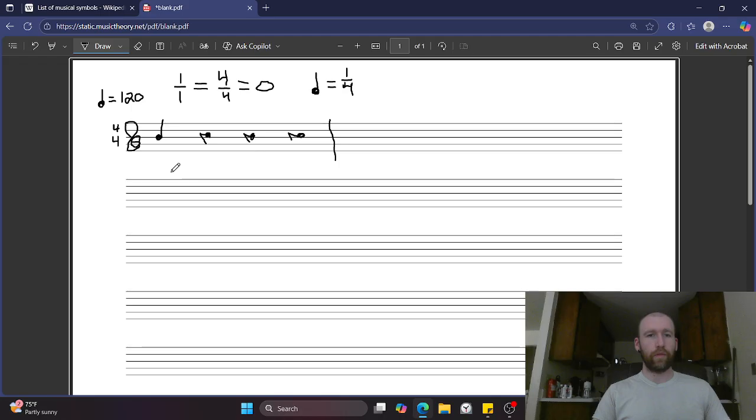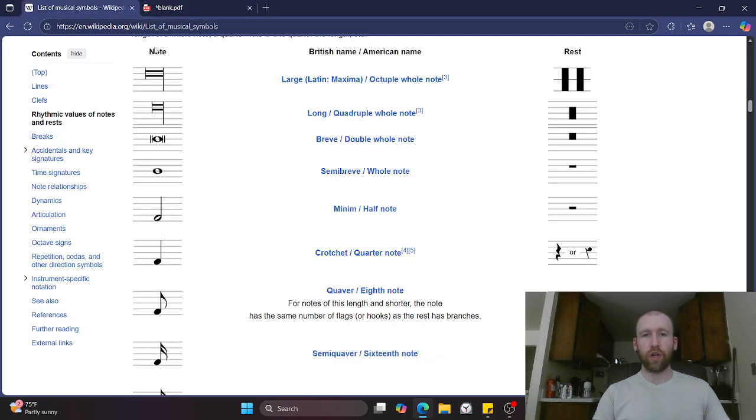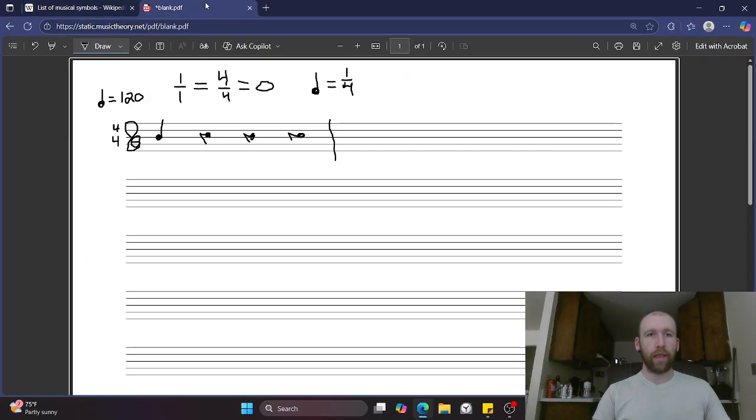These guys have values that occupy the spaces in the measure, and they need to be added up so that they equal 4/4. It's always going to meet this requirement. If there's a combination of these notes in here that don't equal 4/4, something is going to be very wrong.